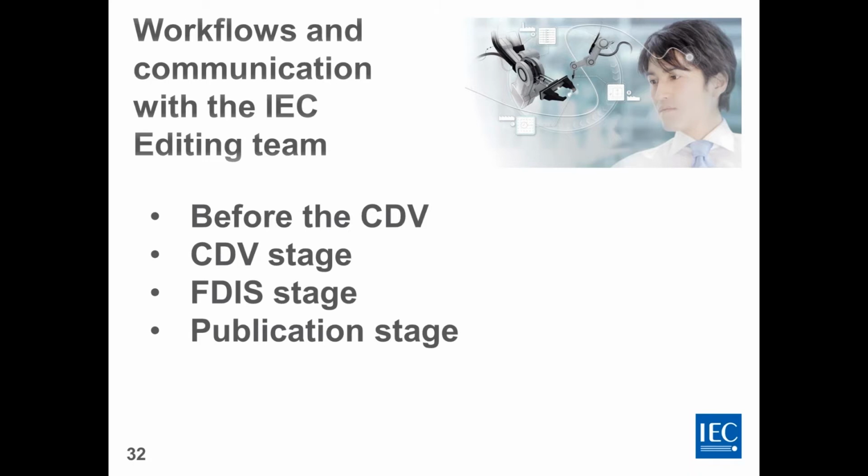So the product, which we call the consolidated edition, is actually there as a convenience product for the user. We take one standard plus another standard and we stick them together. That is created purely for the convenience of the user, and it is not an official product in the sense that it has not been voted on by national committees as such.